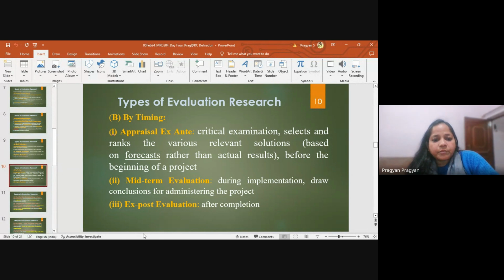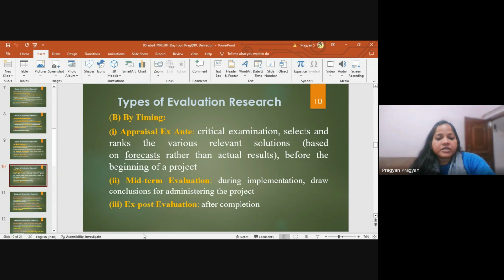Now let's talk about mid-term evaluation. The name suggests the timing of that evaluation. It is going to be done when the implementation has been going on.